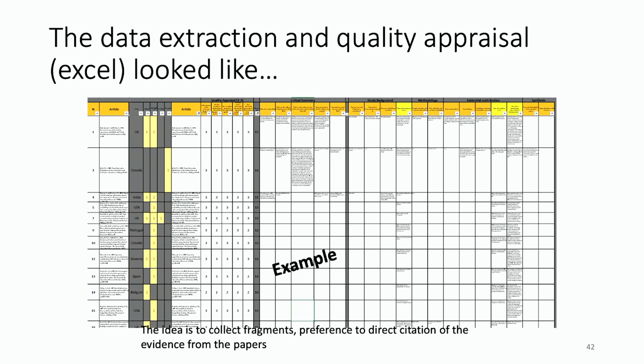This is what my data extraction looked like together with the quality appraisal. So I had the different rankings, I had all the information, I had direct citations copy pasted from the papers with the page numbers. It's too small to be readable, but this was a large table that I built for each one of the papers.